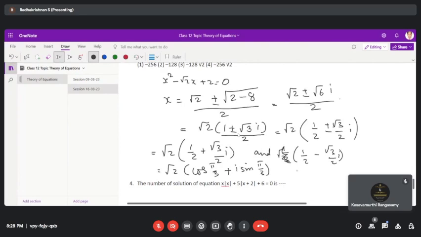This will be cos minus pi by 3. Okay, because when it is minus pi by 3, sine will be negative, cos will be positive.